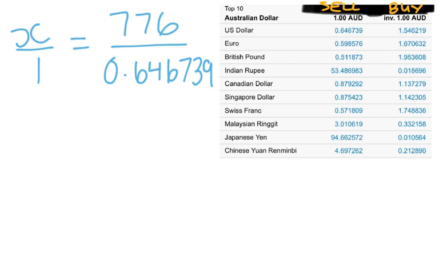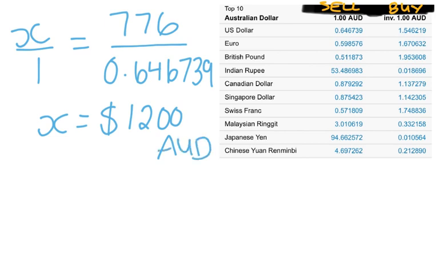So we would just do 776 divided by 0.646739, and to the nearest dollar we get X equals 1,200 Australian dollars. So we originally took 1,200 Australian dollars to the exchange place and received 776 US dollars in return.